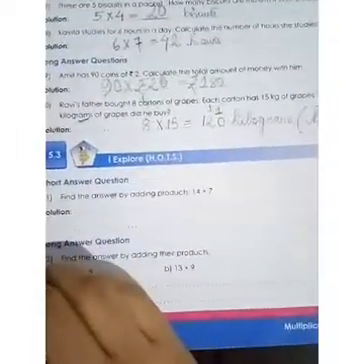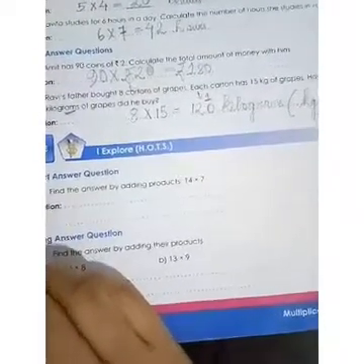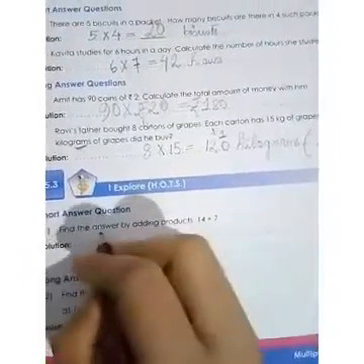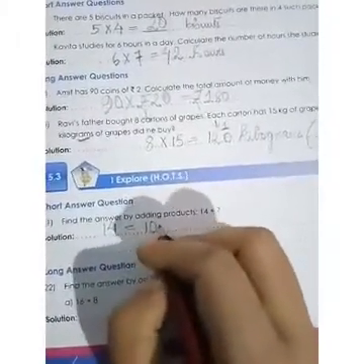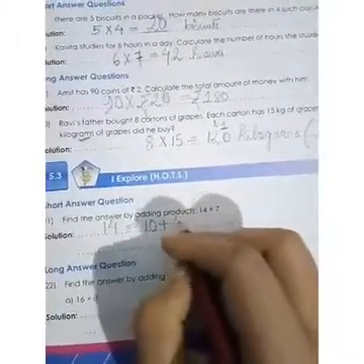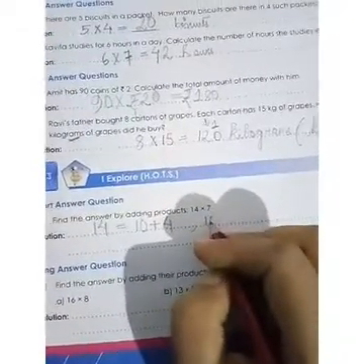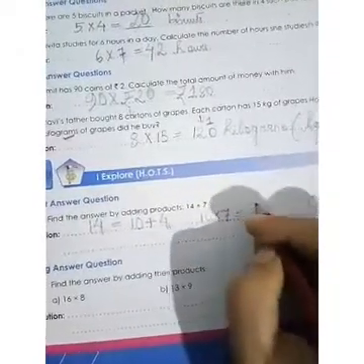Now question number 21. Find the answer by adding the products. Here we have to do mental multiplication. Which is the bigger number? 14. 14 I will split into two numbers: 10 plus 4. So 10 you multiply with 7 equals 70.